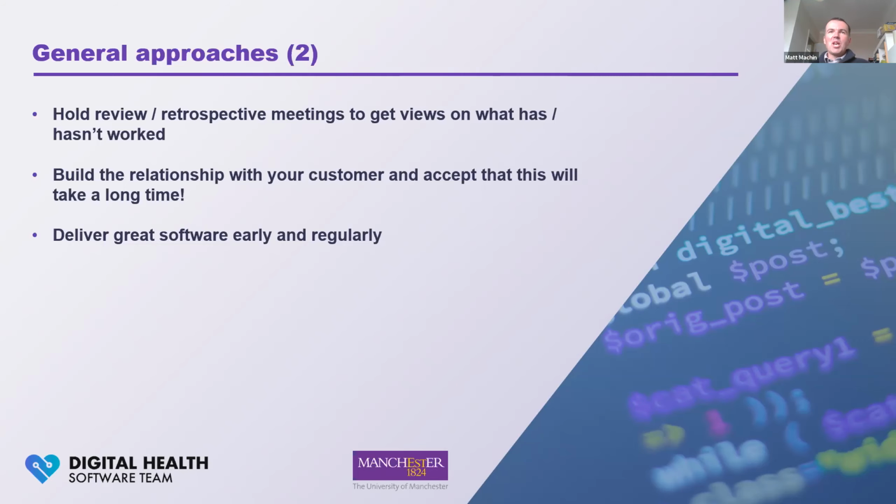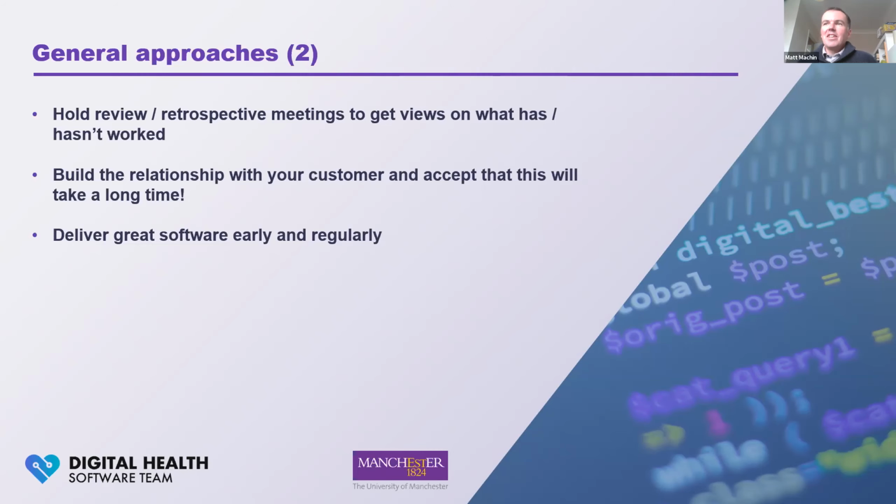Be committed to building a relationship with your customer, and accept that this will take a long time. So there are people who I've worked with for many years, and I'm still learning about better ways to work with them and how to deal with particular challenges. And I know, for instance, some of them will say they don't like it when I say no, even though they understand why, they still don't like it. And that's people who I've worked with for 8 or 10 years.